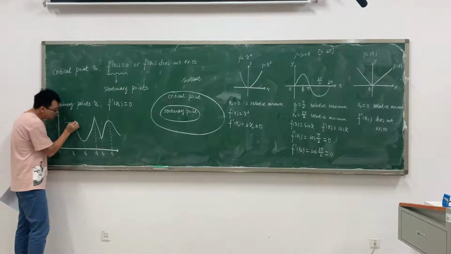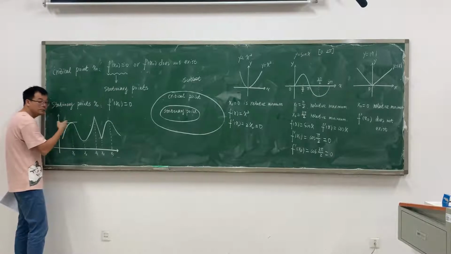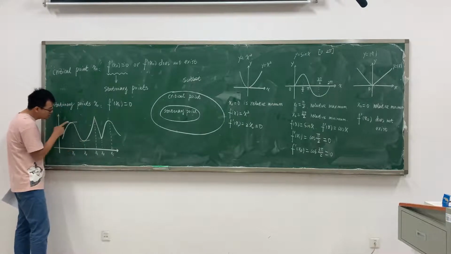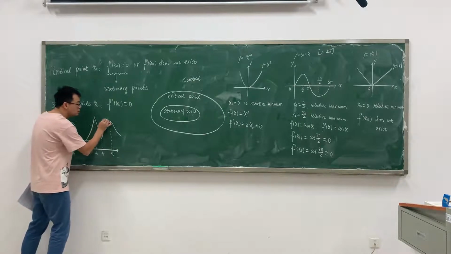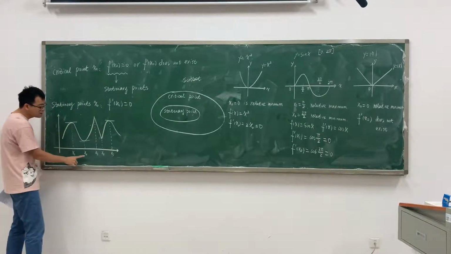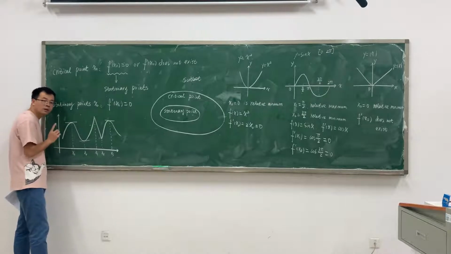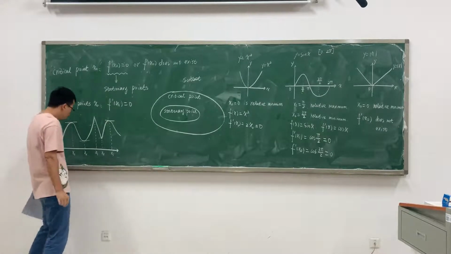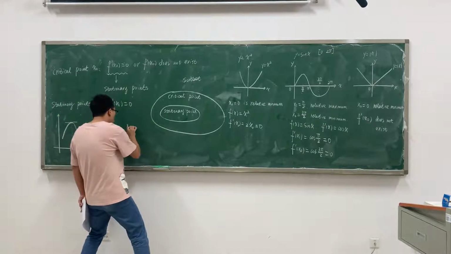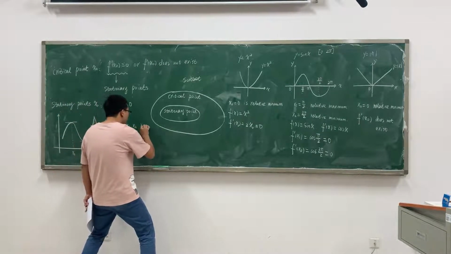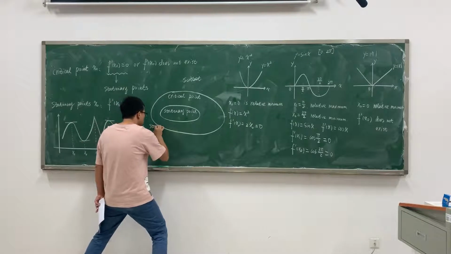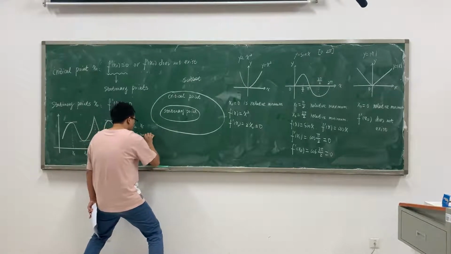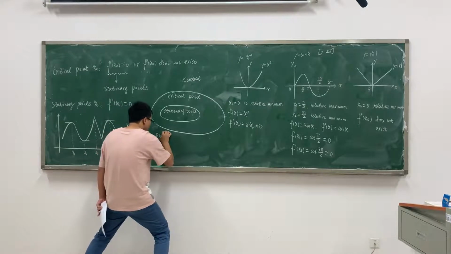The tangent line actually is horizontal. So at this point, and this point, x1, x2, and x5, the derivative equal to 0. So x1, x2, and x5 actually are the stationary points.